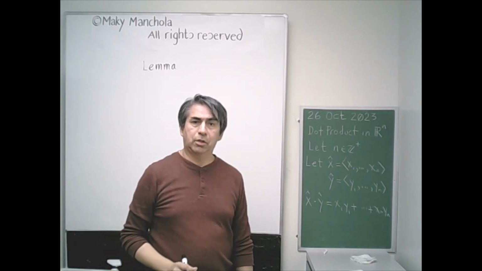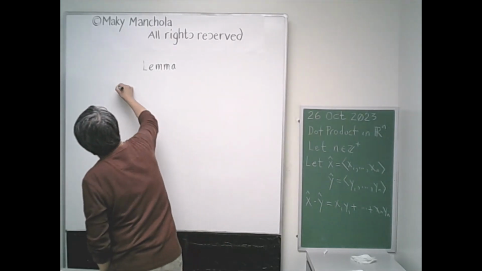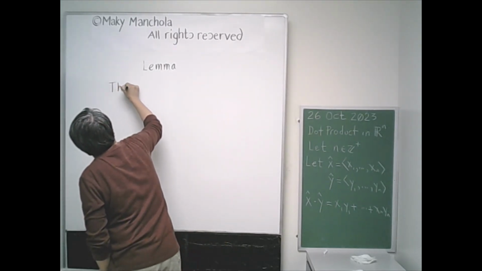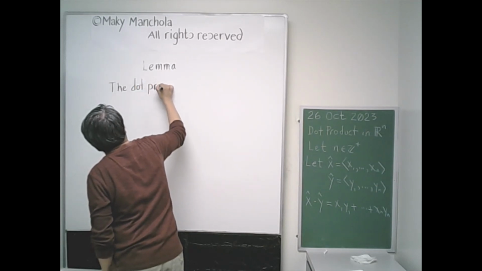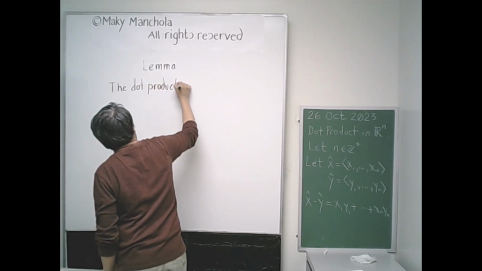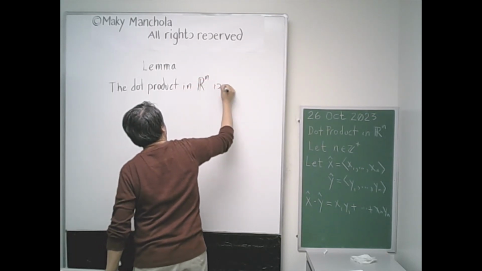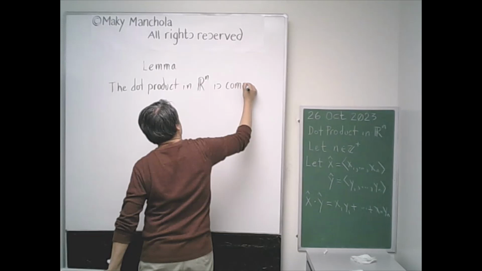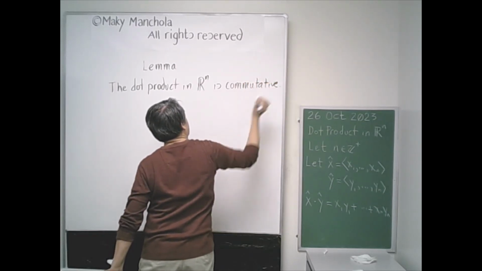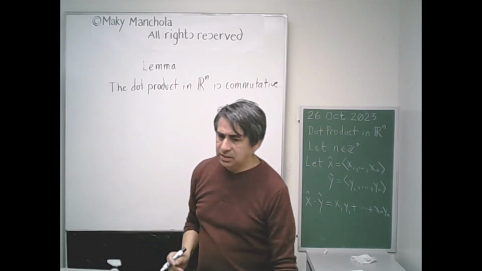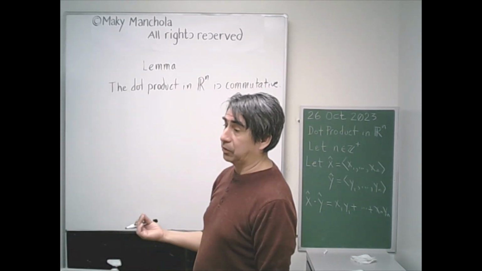The dot product in Rn is commutative, and the dot product in Rn distributes over addition of vectors in Rn.